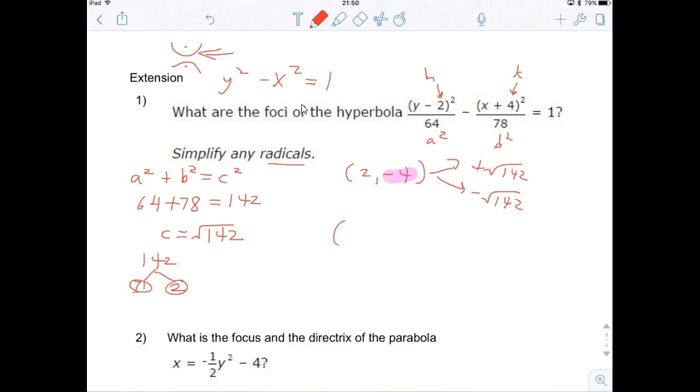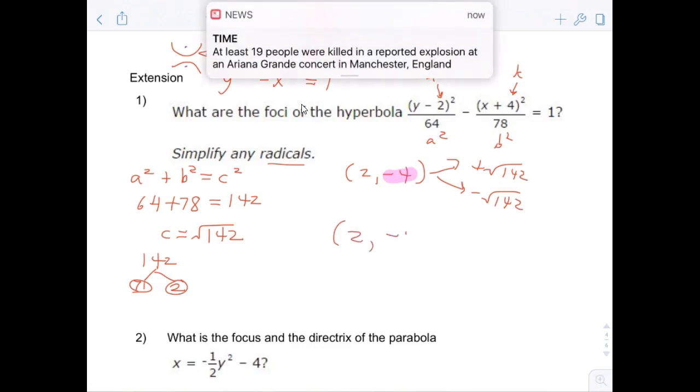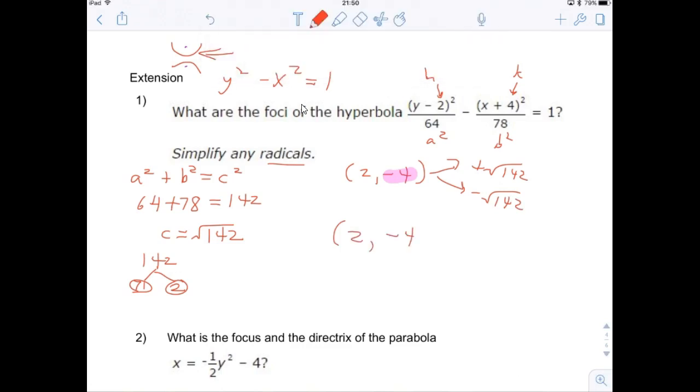So one of the foci would be 2, negative 4 plus square root of 142. And the other focus would be 2, negative 4 minus square root of 142.